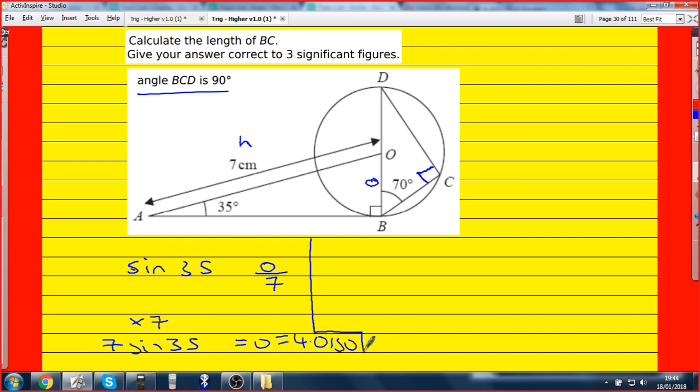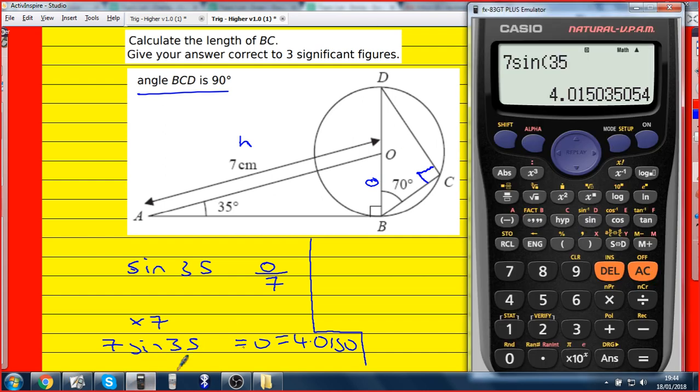So now you have to... so that's it. So then you do 4.01. That's trying to find the area. Don't you just double it if the radius is there? So answer times 2. So then it's 8.0.